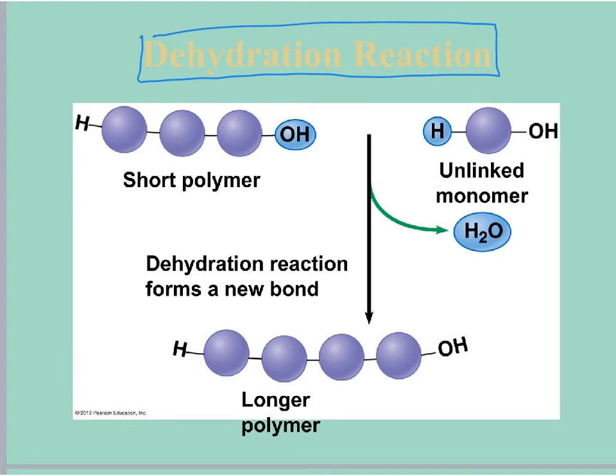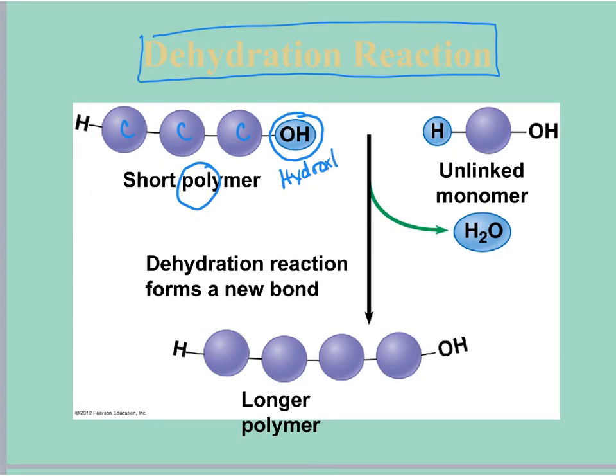So what happens is over on the left, you have a short polymer. Let's just say each one of these purple balls is a carbon atom. So you've got a 3-carbon chained polymer. Polymer means many, right? So you've got a few carbon atoms, and you've got a functional group that is, you guys can say it with me, hydroxyl group.